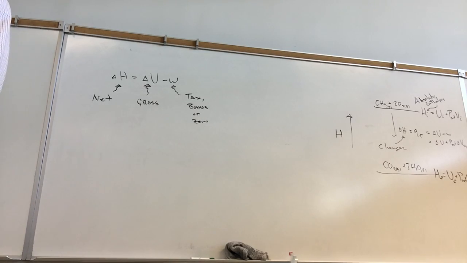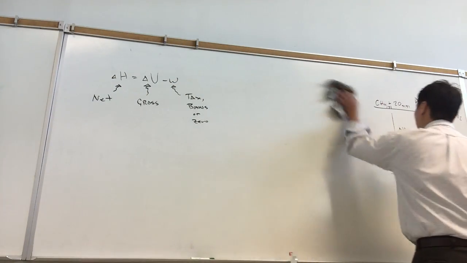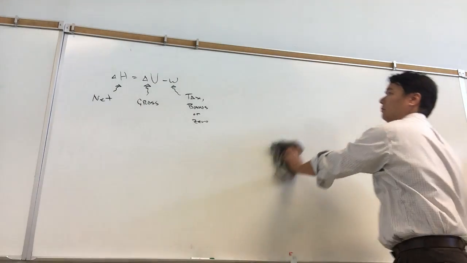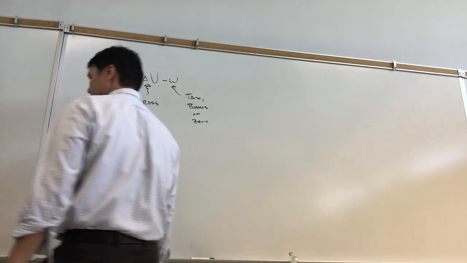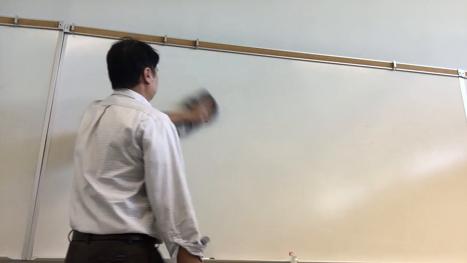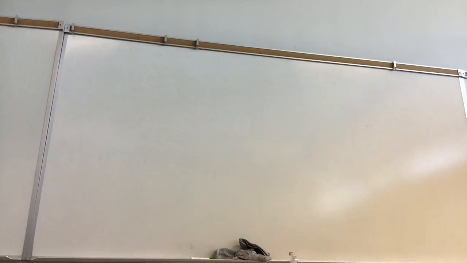And so this is why it's so hard to keep track of these things in your mind, because are you looking from the perspective of the surroundings, or from the perspective of the system? Or where's that energy going to? And so we'll look at some scenarios here. Under constant volume, we don't have to worry about work, and it makes it easy.